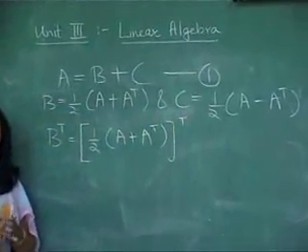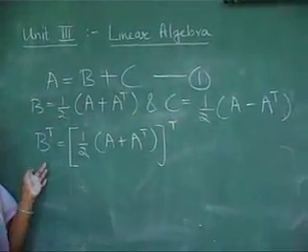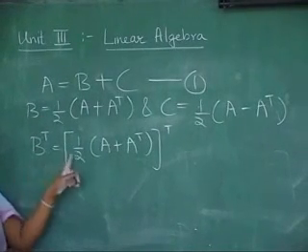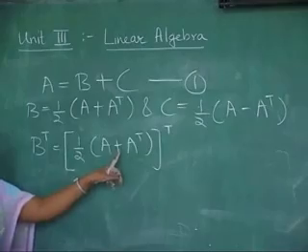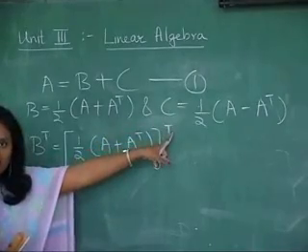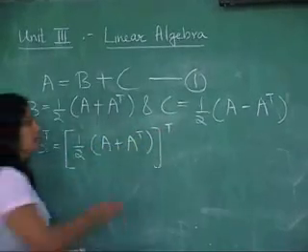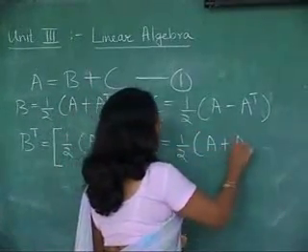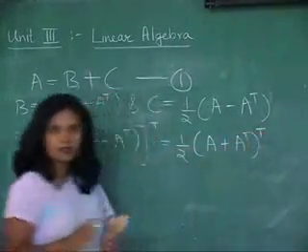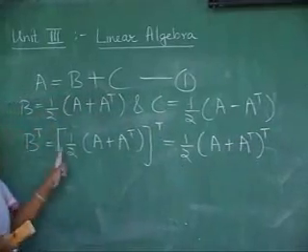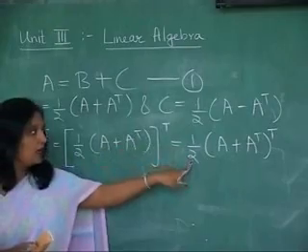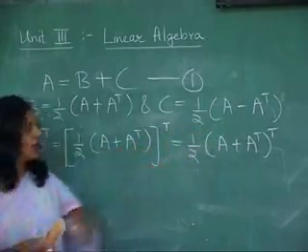And now recall those properties of the transpose, those four properties that I have listed. Transpose of a scalar times a matrix is the scalar times the transpose of that matrix.